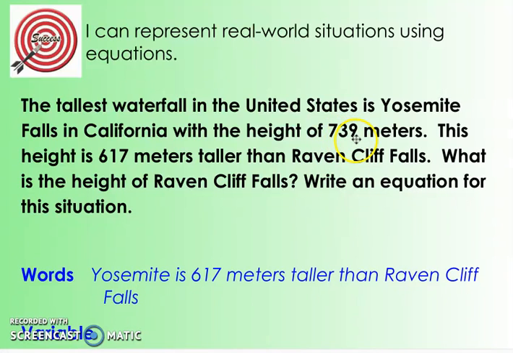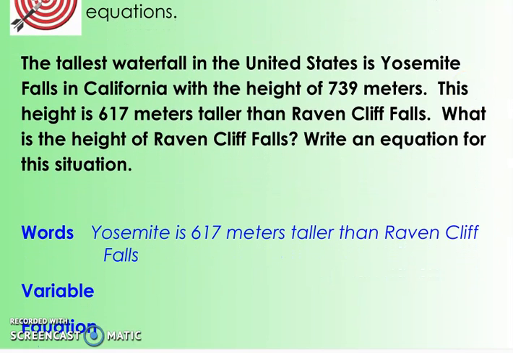Now, 739 meters is also important, but that is the height of Yosemite, and if we know that Yosemite is 739 meters, and we can say that it is 617 meters taller than Ravencliff, the unknown, which one's unknown? You're right, the unknown one is Ravencliff. So can we choose a variable for that? What variable would you choose? Yeah, since Ravencliff starts with an R, I probably would choose R for Ravencliff.